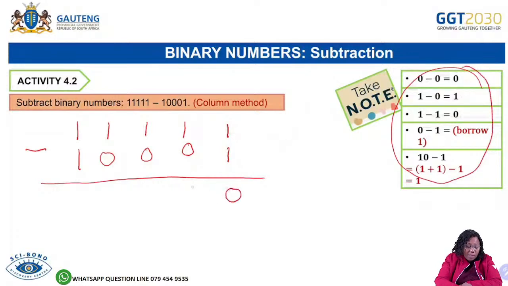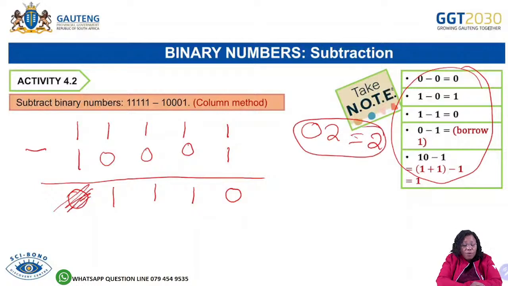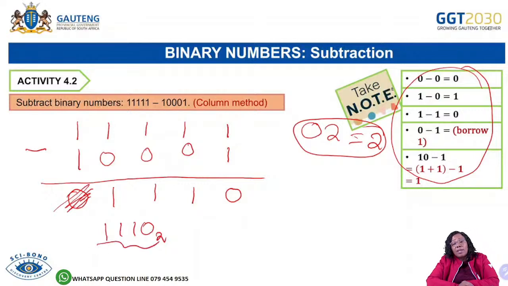And then 1 minus 0 is 1. 1 minus 0 is 1. 1 minus 0 is 1. 1 minus 1 is a 0. So don't consider that. It's like when you are having 02, it is the same as 2. The same applies here. If a coefficient 0 is there, we consider the next value there, which is 1110 base 2. So that is the answer for the subtraction of the 2 using the column method.